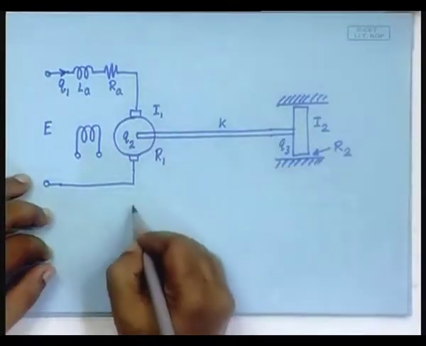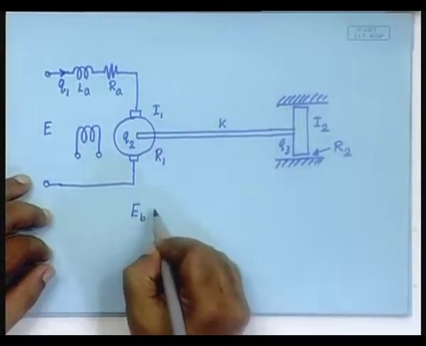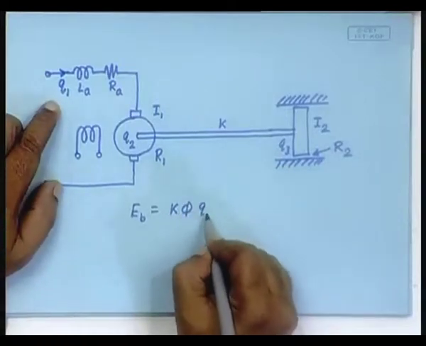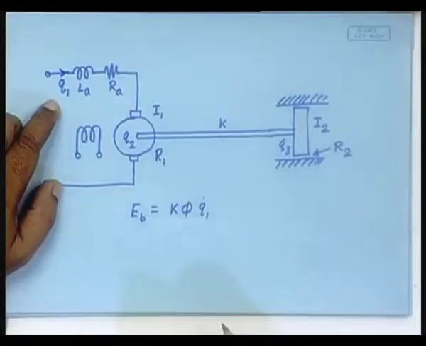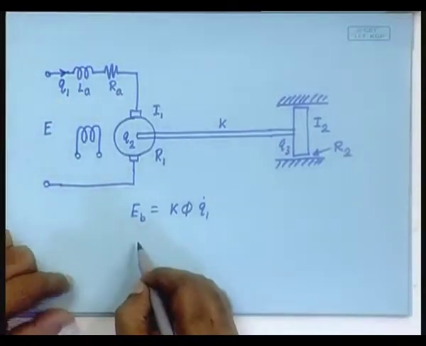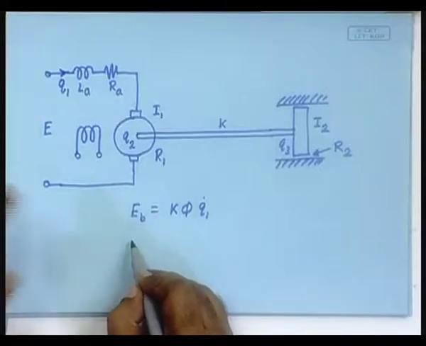Fine. And what are these couplings? The back EMF EB is K phi times q1 dot, and the torque we will not write as T, because T we are using to represent the kinetic energy.